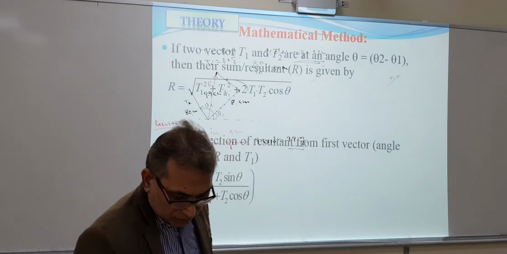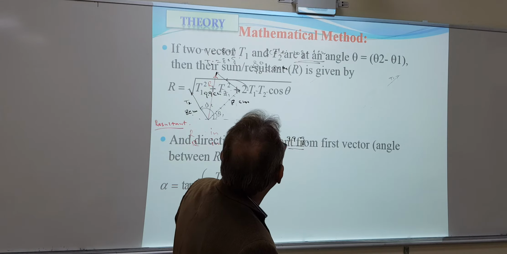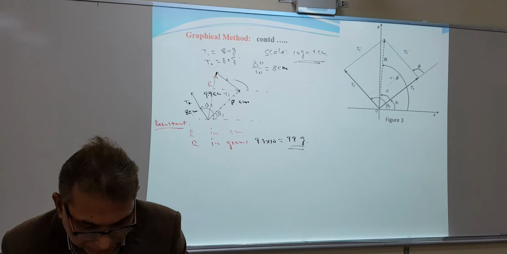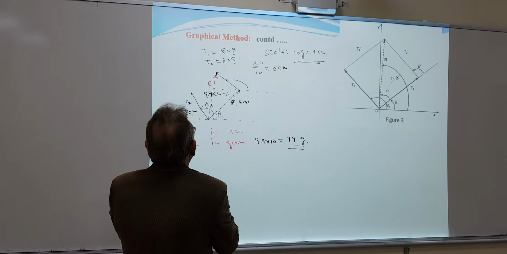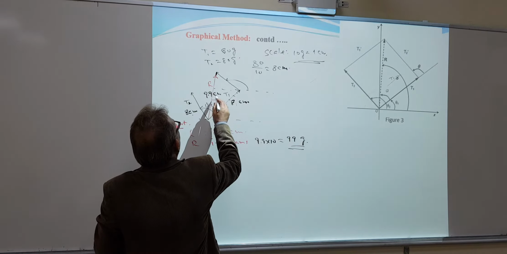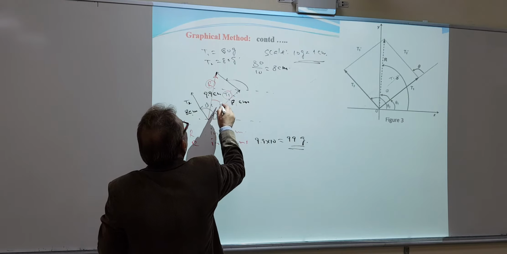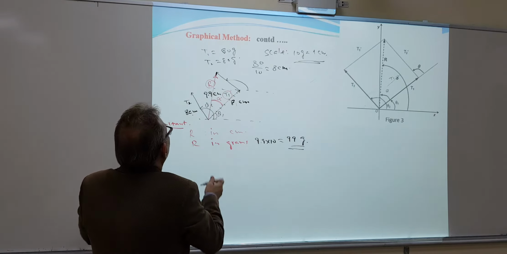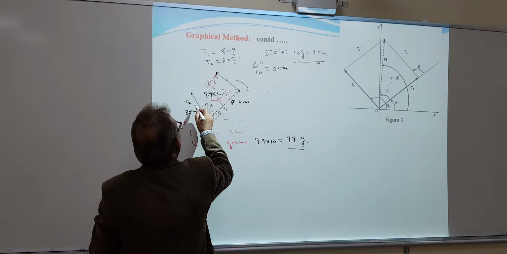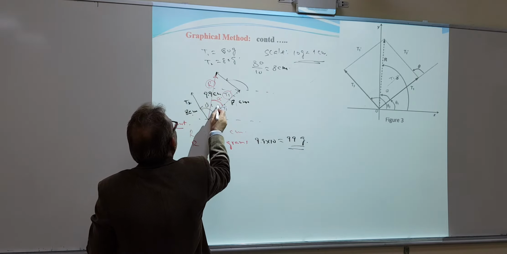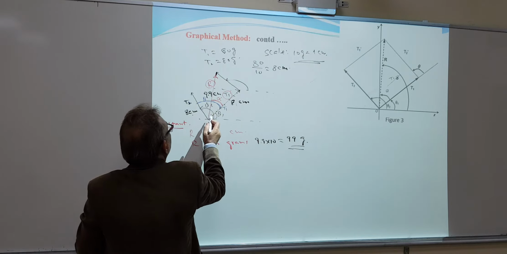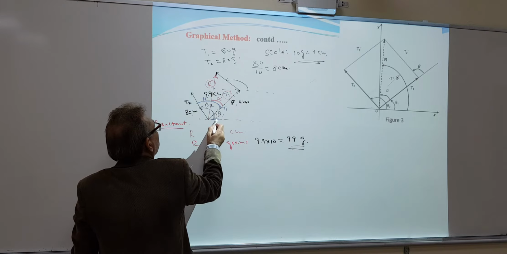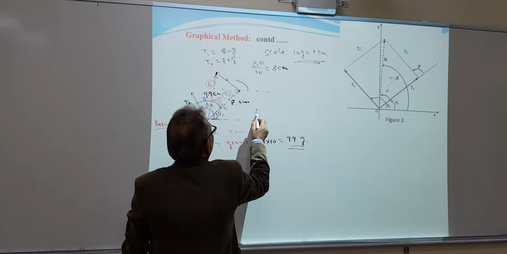Now, the second method. Once you do this one, you have to do some measurements. For example, the angle which R makes with T1 is called alpha. And the angle between T1 and T2 is theta. From here up to here, theta is theta 2 minus theta 1.